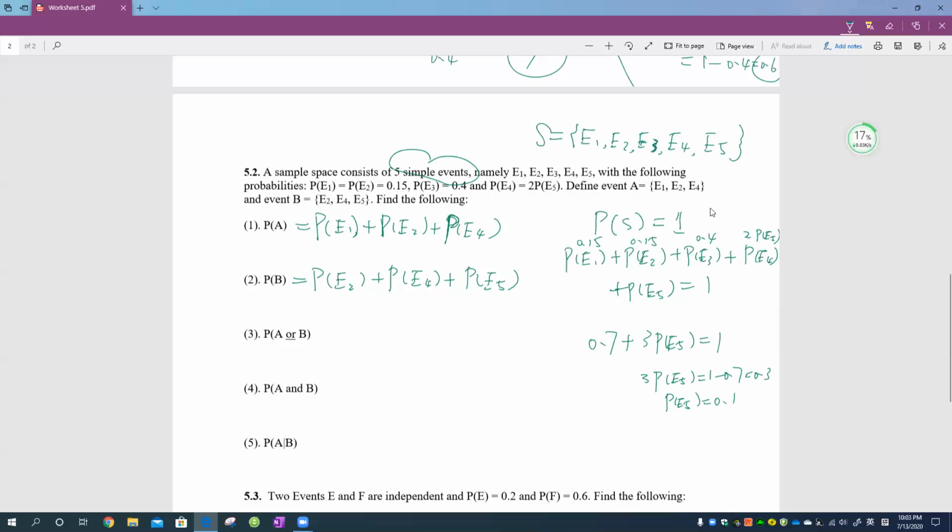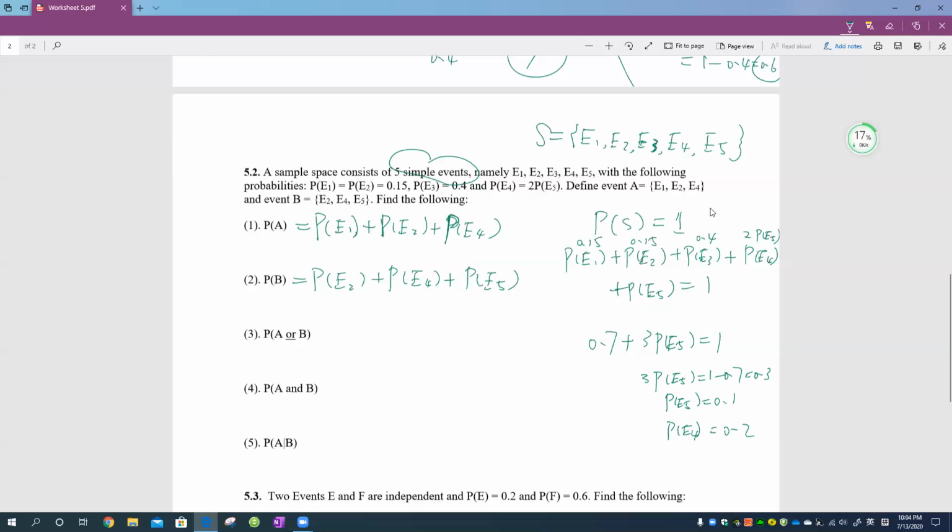And probability of E4 equals 2 times probability of E5, then that's 0.2. Now we know all the simple events. Probability of E1, E2, 0.15, and probability of E3, which is 0.4.